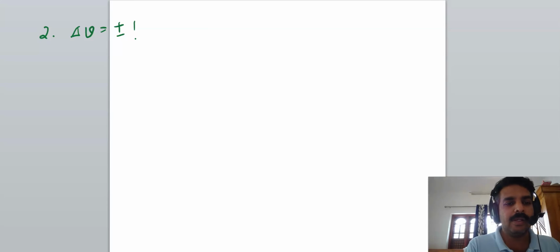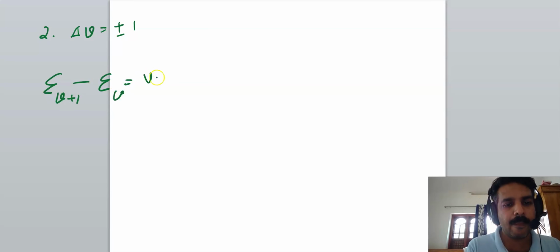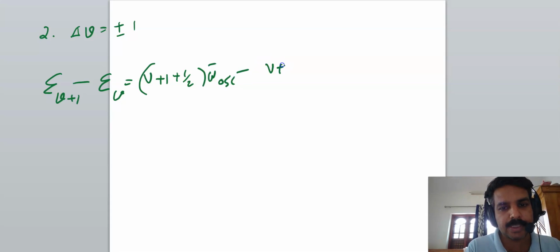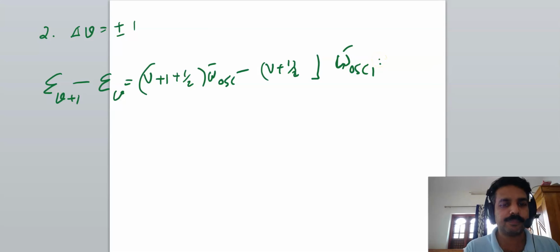In that case, the difference in energy, that is E(V+1) minus E(V), is equal to (V plus 1 plus half) omega bar oscillation minus (V plus half) omega bar oscillation.